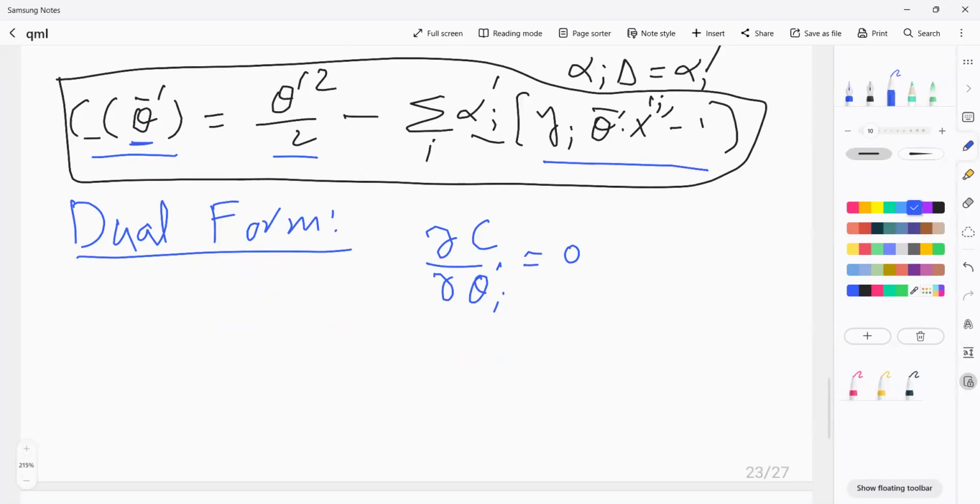And if I find the derivative of this equation, so this theta prime, just remember, this is theta 1 square plus theta 2 square plus theta 3 square and so on. So for the jth derivative, this would become simply theta j, okay?